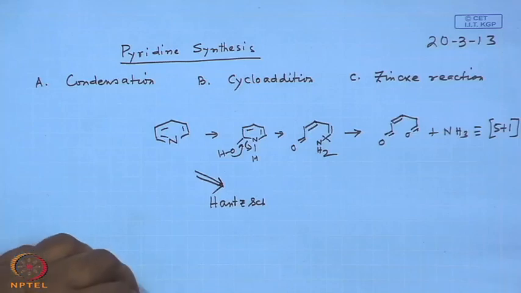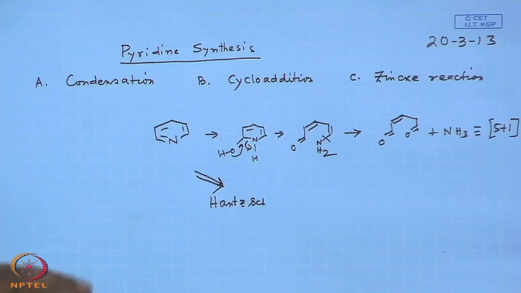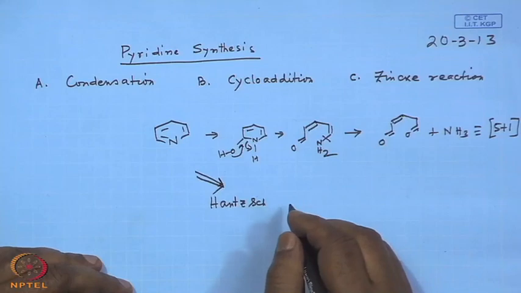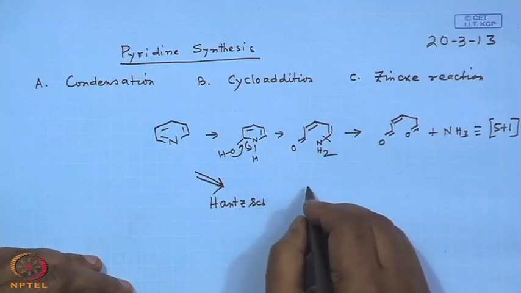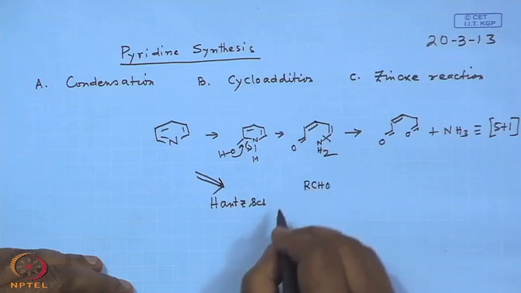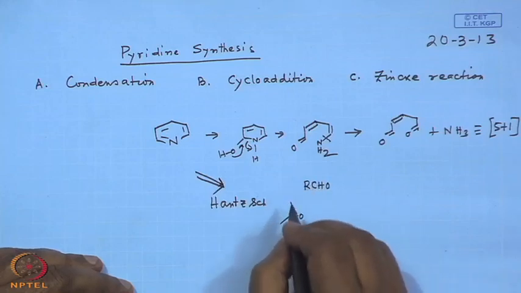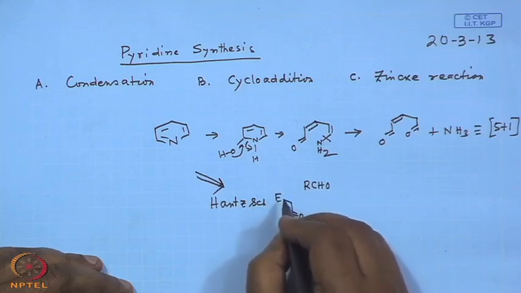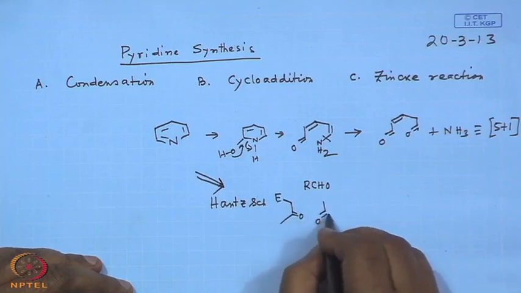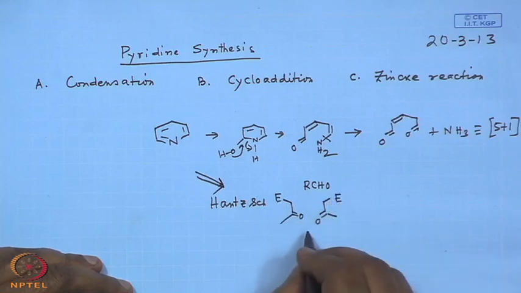Hantzsch synthesis, many of you probably know, requires 3 components: one is the aldehyde, the other is a beta ketoester, in my notes E stands for ester, and then an ammonia source, which is ammonia.